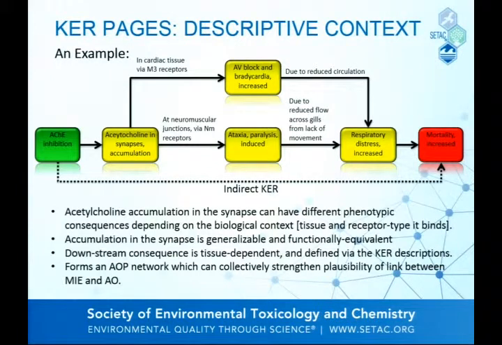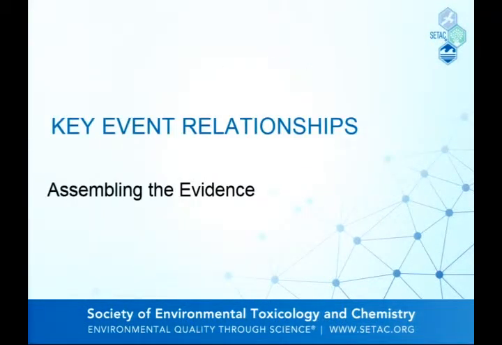One biological context is cardiac tissue, and the other is neuromuscular junctions. So you're initiating 2 distinct mechanisms by which you converge on the common key event and adverse outcome. Key ERs are very helpful in delineating those differences, outlining the biology and demonstrating the biological plausibility. Okay, so I think that's all I had.